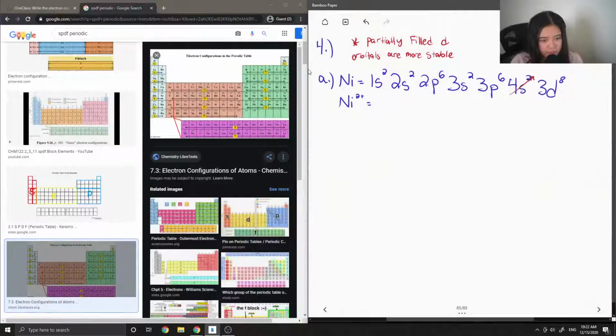So now those 2 electrons have been taken, and we can write the new electron configuration, 3p6 and then 3d8.